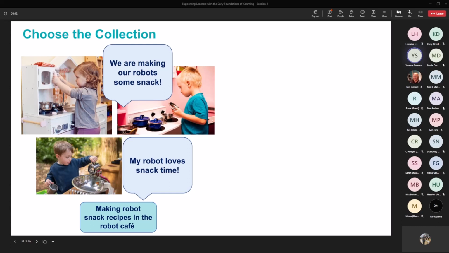So while you were having snack, the robot was put on the robot snack table. Just a very simple suggestion that actually then sparked a whole direction of travel in their play, where they then began making lots of recipes for their robots and cooking up a storm for their robot to eat while they were at the snack table.